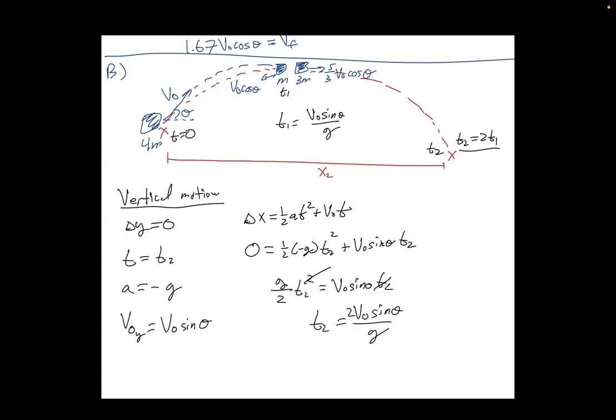That could also be solved separately by saying, since the final vertical velocity is 0, that should equal the original velocity plus at. So 0 is equal to v naught sine theta minus g t1, and we get that expression. So it really is a symmetric scenario where t1 is half the time for t2.